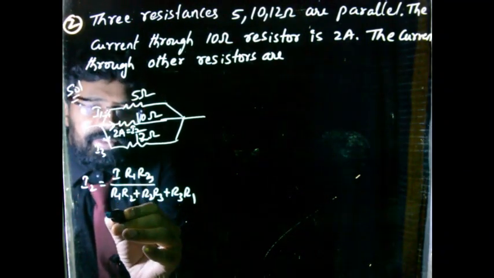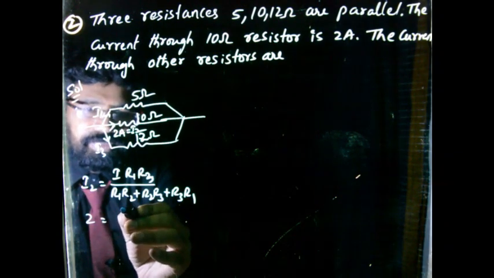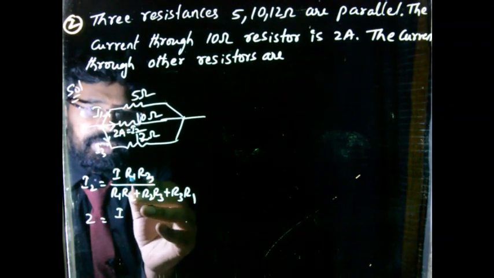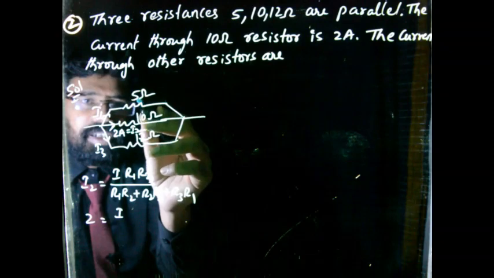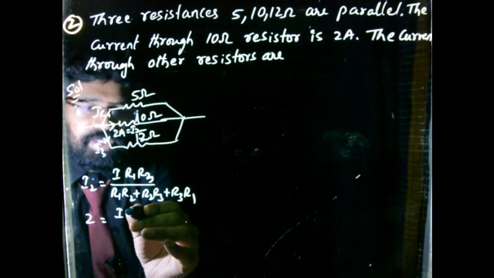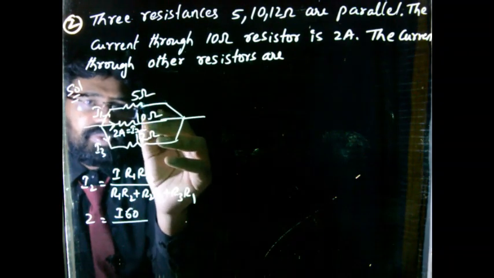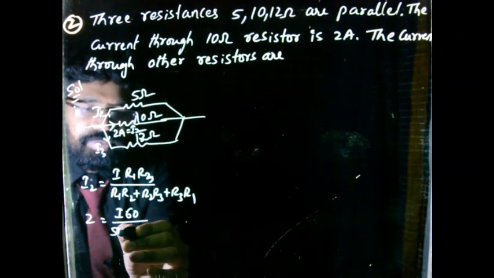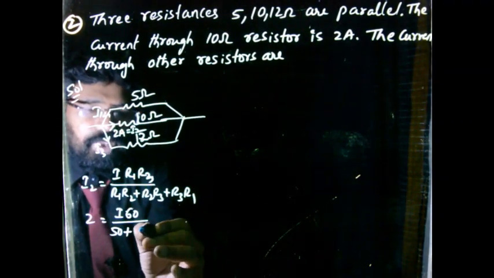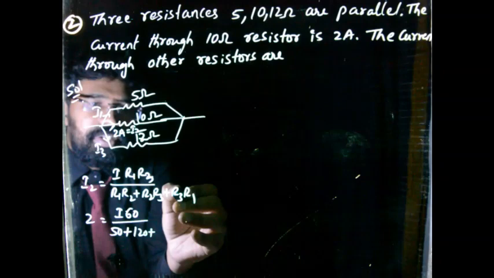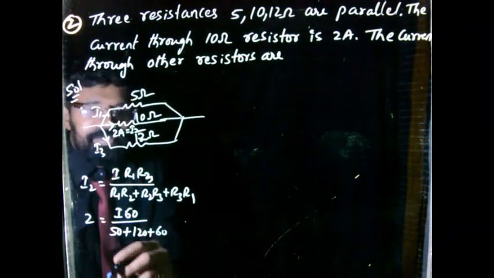Now I2 is already given. How much is that? It's given as 2 amperes. So 2 is equal to, we don't know this I, total current, I into R1 R3. This is R1, this is R2, this is R3. R1 into R3, 5 into 12 is 60, by R1 R2, 5 into 10 is 50, plus R2 R3, 10 into 12 is 120, plus R3 R1, 5 into 12 is 60.